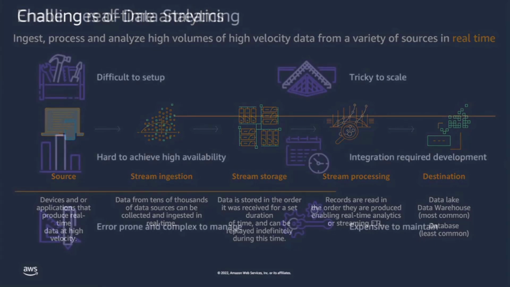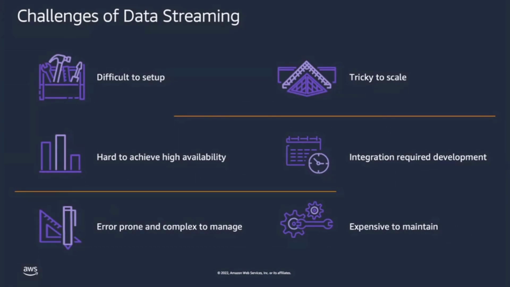The data stream is challenging to set up and get ready. When you self-manage and run a streaming platform, you need to provision servers, configure servers manually, and make sure the configuration is replicated across all nodes in a distributed cluster.